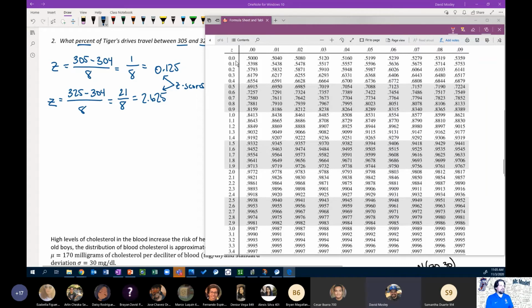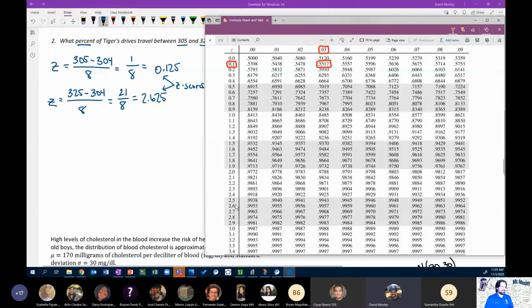So we have 0.1 for our first one, and then 3, which gets me here, 0.5517, and then 2.63 again, we'll use the 0.03.